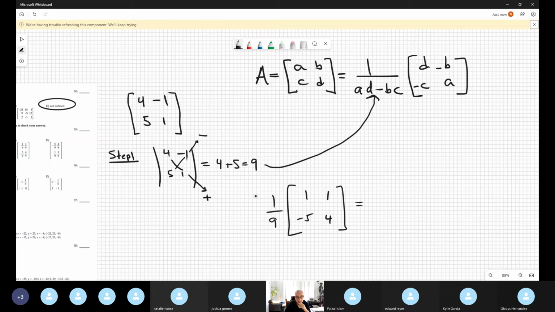Actually, more clear and much better, you multiply 1 over 9 times this. When you multiply a scalar times a matrix, you multiply each entry by it. So 1 over 9, -5 over 9, and 4 over 9. Okay, it is option C.